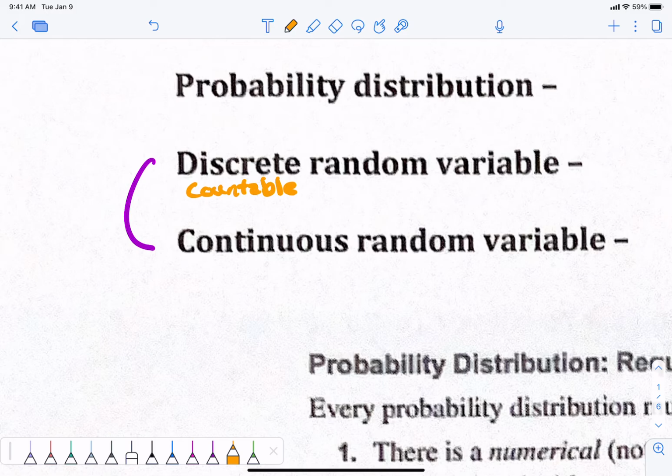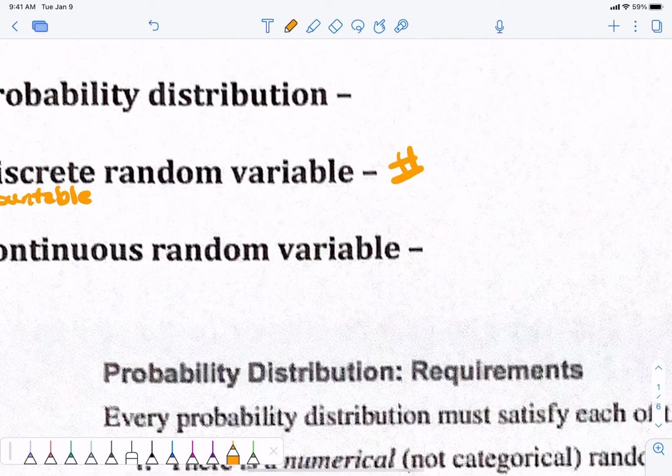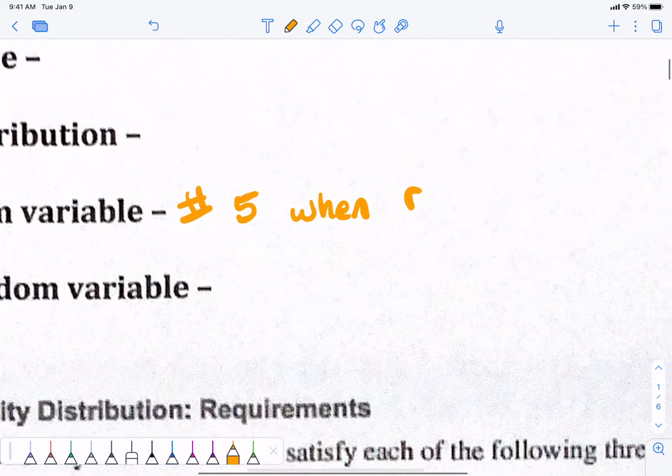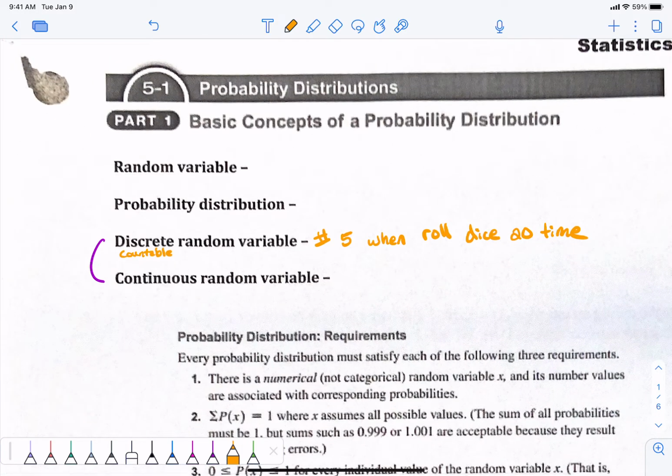So a discrete random variable would be something that I'm trying to find the probability of that is countable. Like, how about the number of fives when you roll a die 20 times? Can you count that? Can you discretely count how many fives you get? Yes, correct, you can.